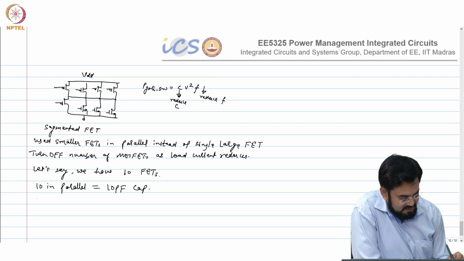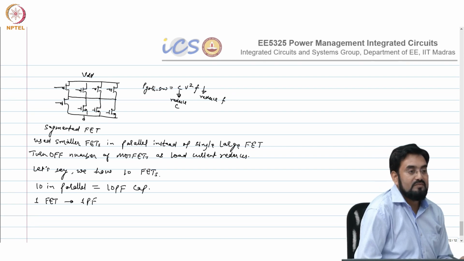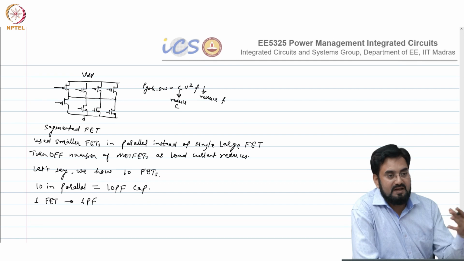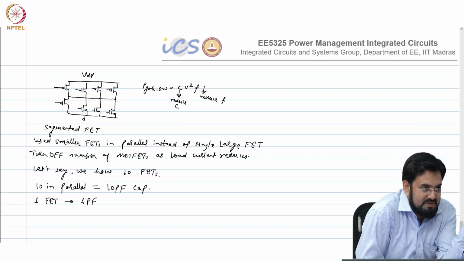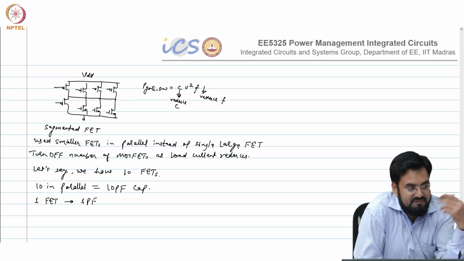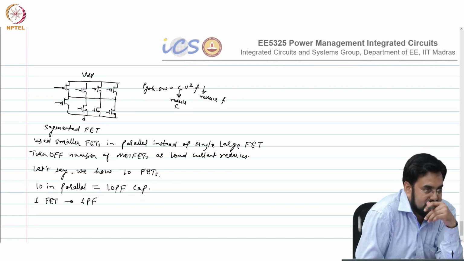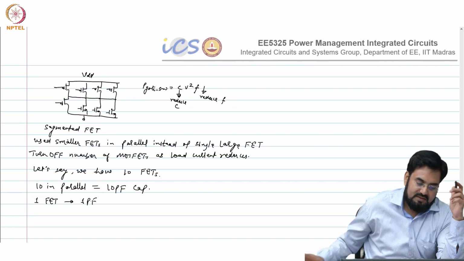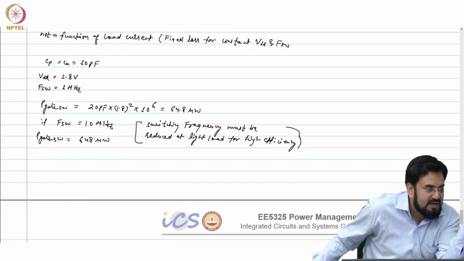Which means one FET is 1 picofarad. So at lightest load, let's say I have only one on, so you have reduced your power consumption by 10 times. Okay, and if you reduce the frequency also by 10 times, then you get 100 times advantage in the power reduction. Okay. Another way, if you reduce the supply, you get a square advantage there.